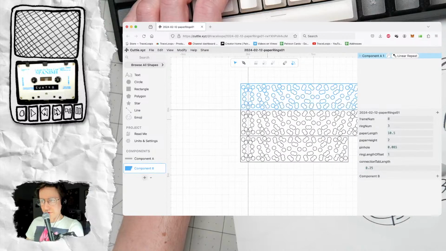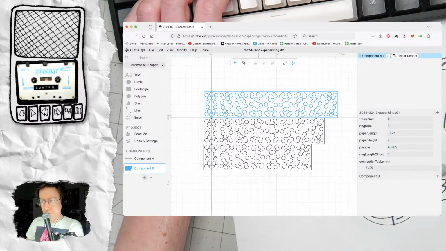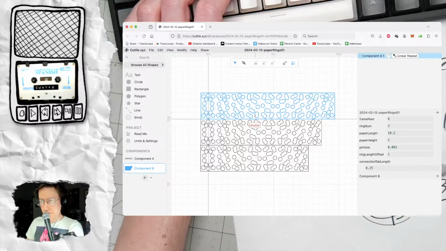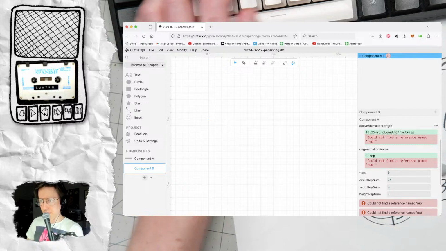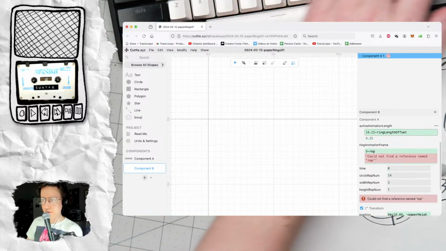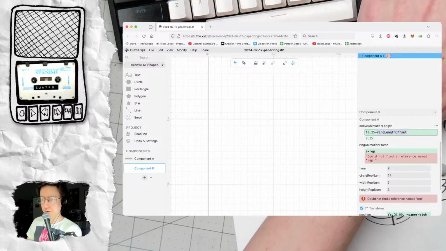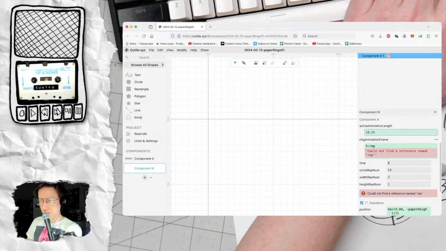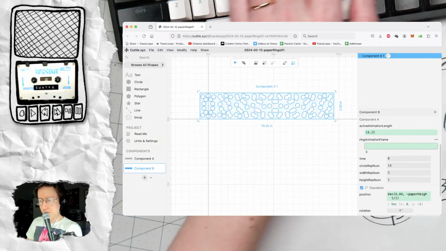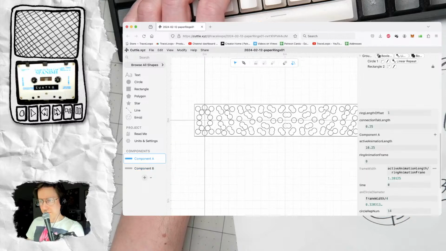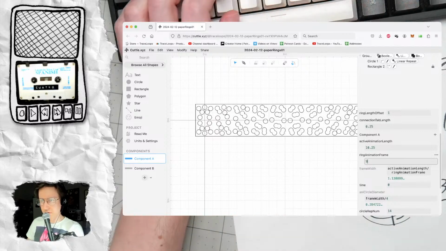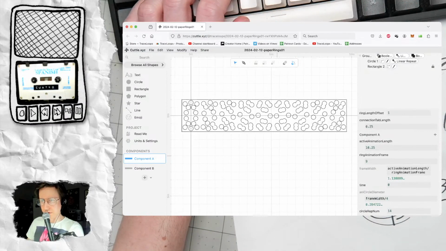Don't know why this freaks out so bad. Let's get rid of this linear repeat. And it's just 8 by default. Actually come in here and make this default be 9. Mess with that a little bit.